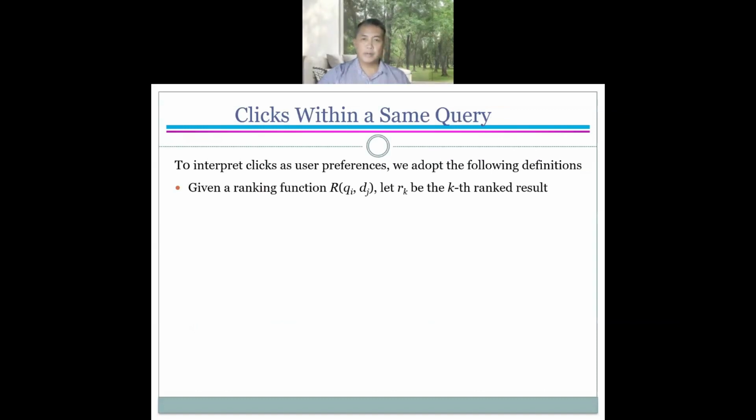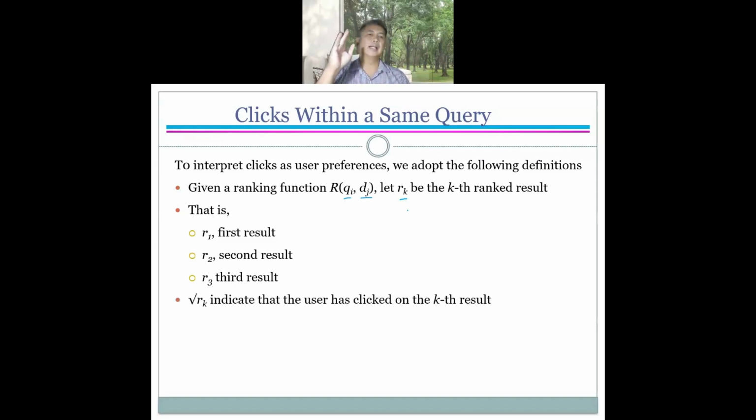Given a ranking function that will take the query and also the document, and this is the k-th rank result. Meaning that if you have 3, that is the third rank result. Let me show you. So this is the first result, second result, third result. The check here indicates that the user has clicked the k-th result.